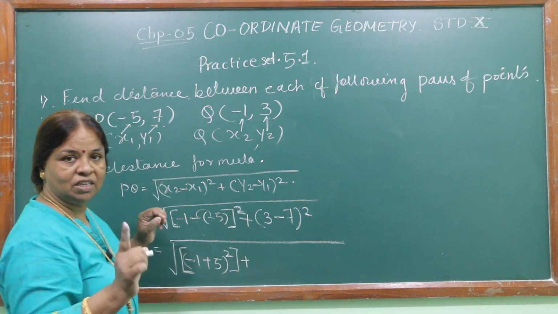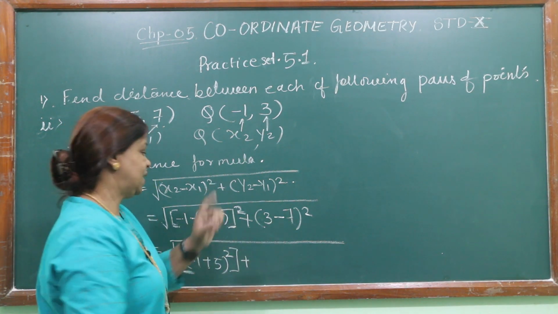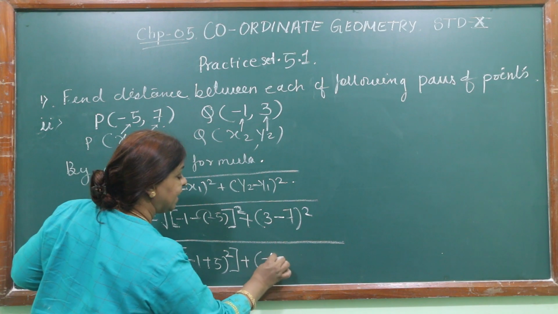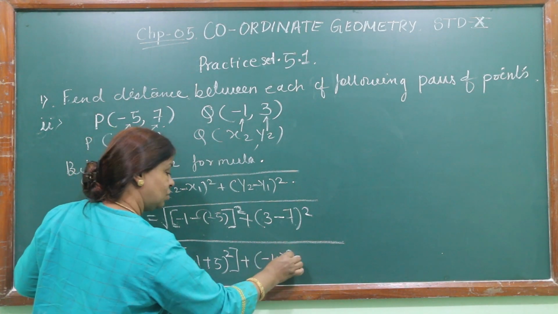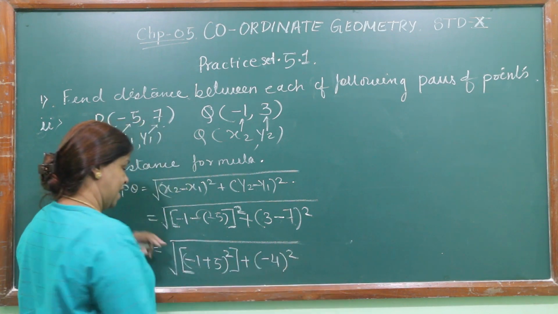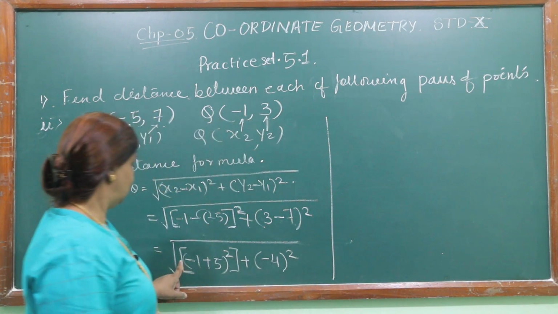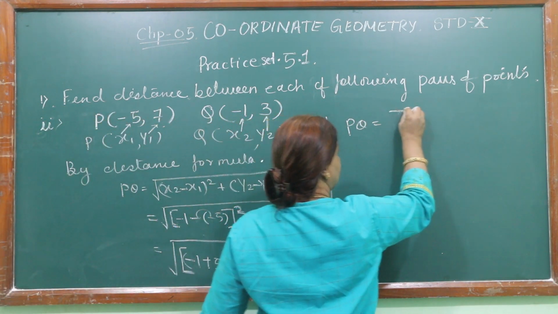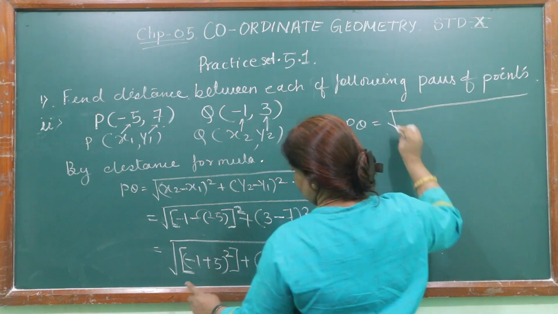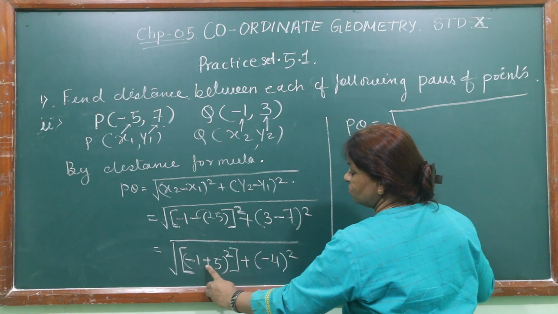When 1 is minus, 1 is plus, it will be subtracted. So 7 minus 3 how much? 4. But the sign will be of the greater number. 7 has the sign minus, therefore minus 4 the whole square. Now further, children, PQ is equal to under the root. See, it is minus 1 and it is plus 1. 1 is minus, 1 is plus.